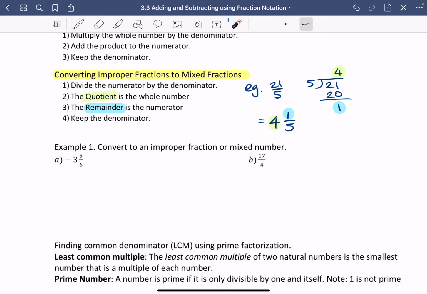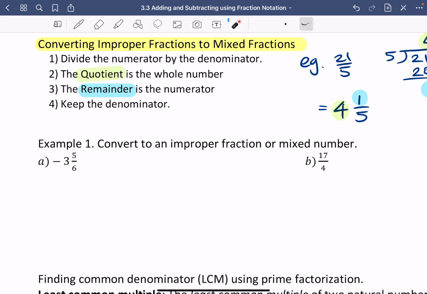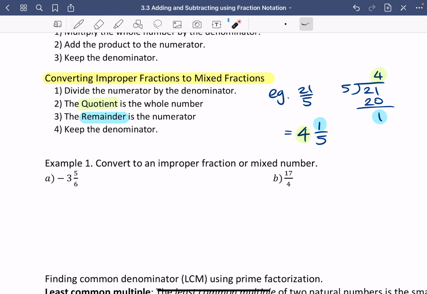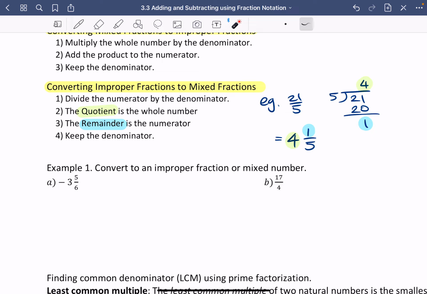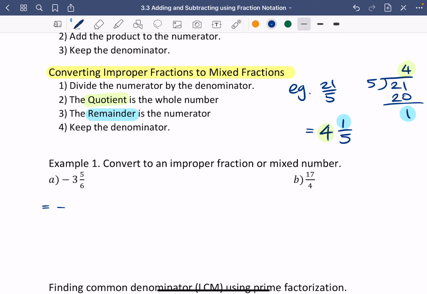So let's try some examples together. The first one is to convert from a mixed fraction to an improper fraction. We know we're going to multiply the whole number by the denominator. The negative stays as negative, don't change that.